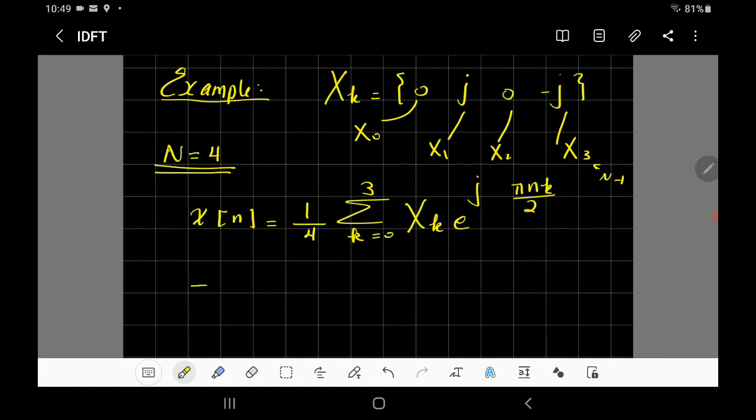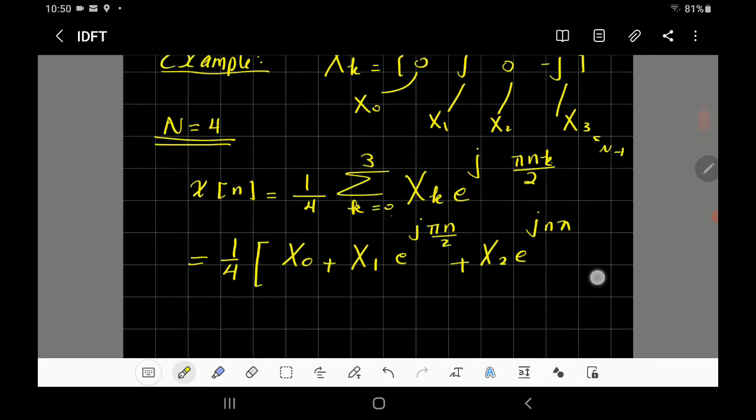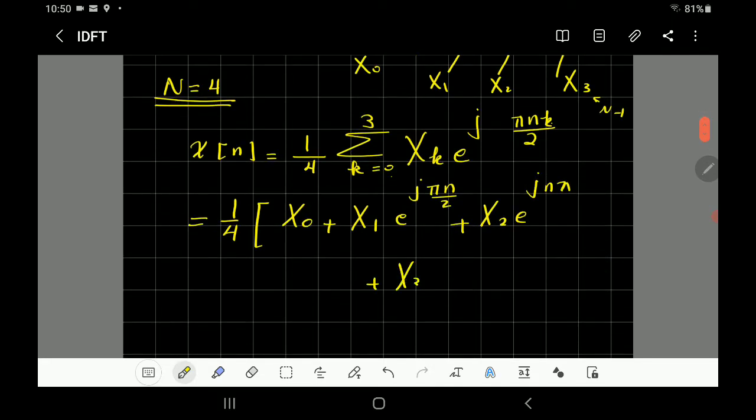Now, we'll start substituting the values of k. So you have 1 over 4, put k equals 0, you have X[0] and e to the power 0 is equal to 1, plus X[1], and put here k equal 1, so it will be e to the j pi n over 2, plus X[2] e to the power j n pi, plus X[3] e to the power j 3 n pi over 2.